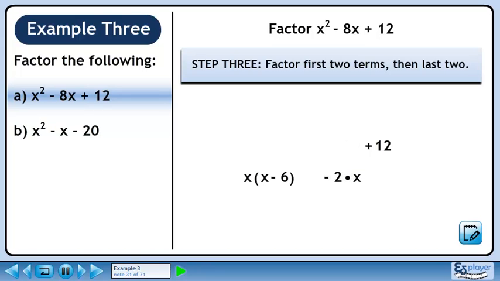Minus 2x is the same as minus 2 times x. Twelve is 2 times 6. Rewrite the plus as two negatives. This gives us minus 2 in the last term. Now factor out minus 2. This gives minus 2 times x minus 6.